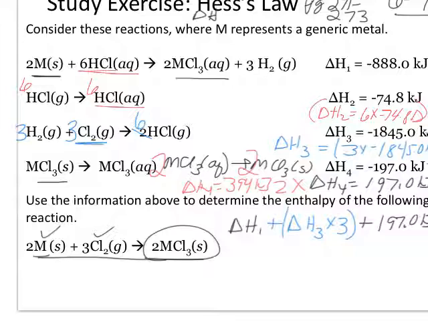Okay, so once I do that, then I can cross out the 6 HCl aqueous, and I can cross out the HCl gas, and kind of circle what I have here.